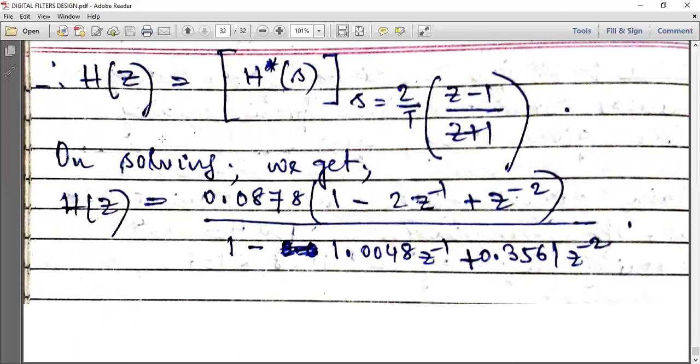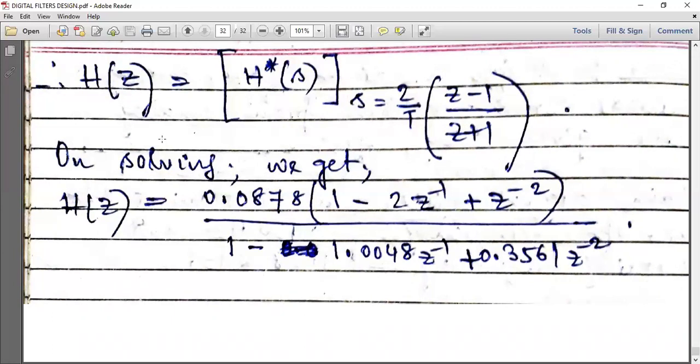And on solving, HZ we get 0.0878 into 1 minus 2 z inverse plus z to the power minus 2 divided by 1 minus 1.0048 z inverse plus 0.3561 z to the power minus 2. Clear? So these are the two problems related to impulse invariance and bilinear transformation method and the steps that I have written. So kindly follow those steps and it will be very easy for solving. It's very easy.